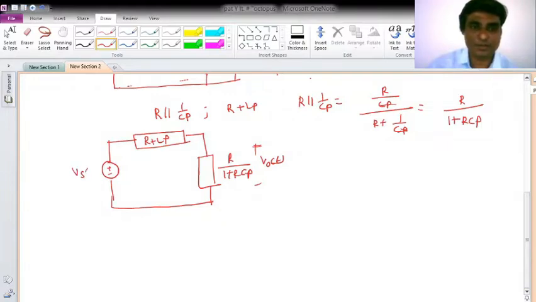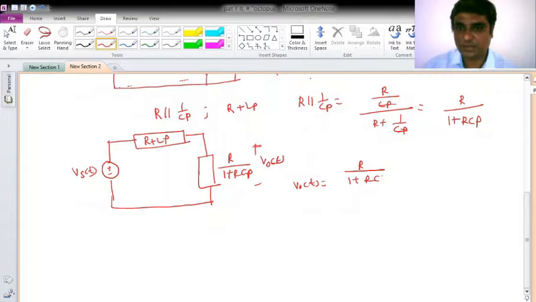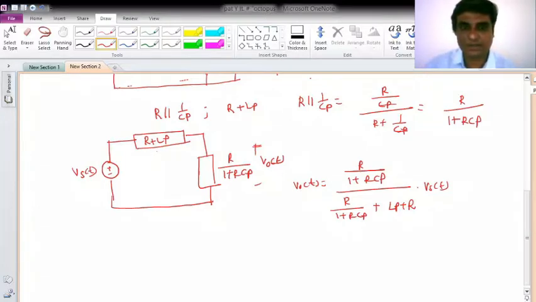To compute this, I will use the voltage divider circuit. So V0 of t will be equal to R over 1 plus RCp, divided by R over 1 plus RCp plus Lp plus R, into Vs of t. This voltage is divided by the sum of the resistors. It looks like a voltage divider circuit.